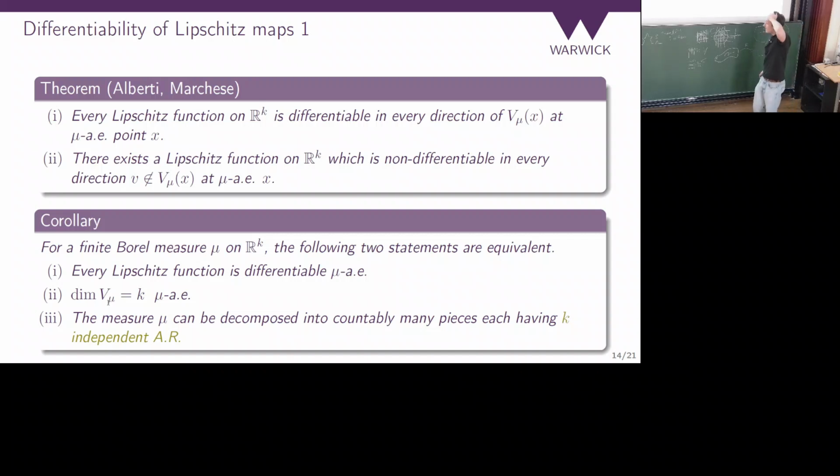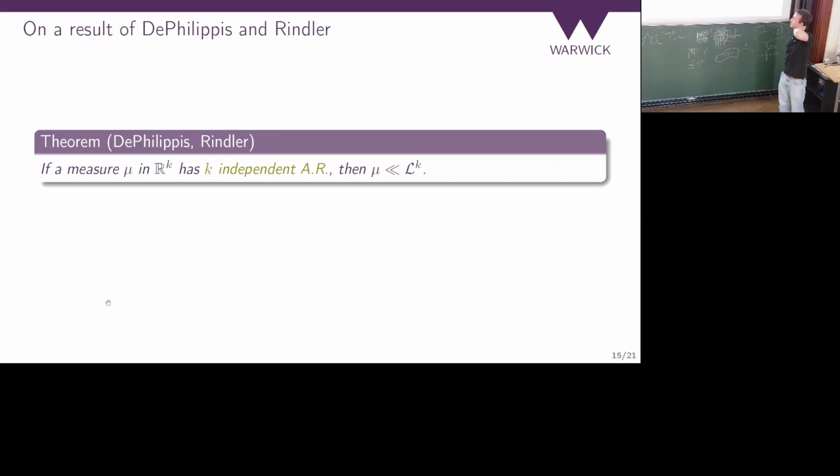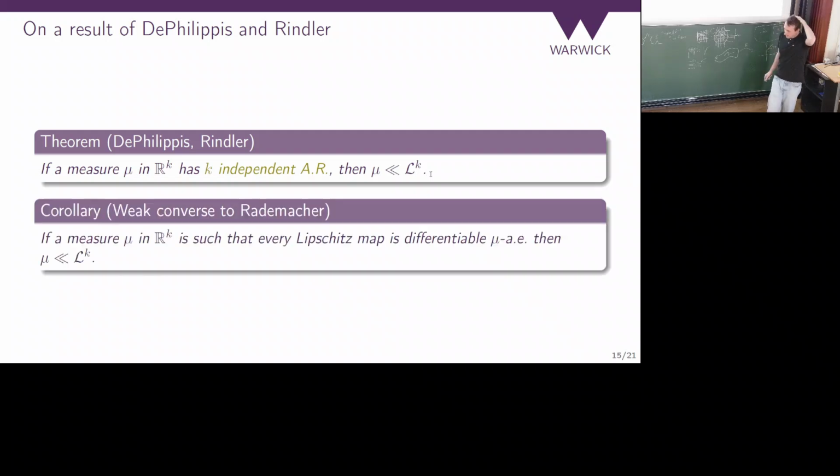But this was fixed later by De Philippis and Rindler, who showed that if you have k independent Alberti representations, then you're actually absolutely continuous with respect to the Lebesgue measure, which gives you a weak converse to Rademacher's theorem. If a measure mu in Rk is such that every Lipschitz map is differentiable mu almost everywhere, then mu is absolutely continuous with respect to Lebesgue measure.